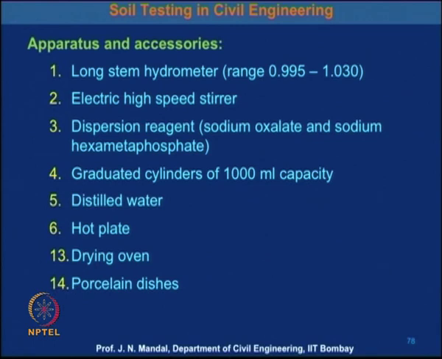Then a graduated cylinder of 1000 millilitre capacity, which I have shown you, and then distilled water, hot plate, drying oven and the porcelain dishes. So, these are the accessories required for performing the test.